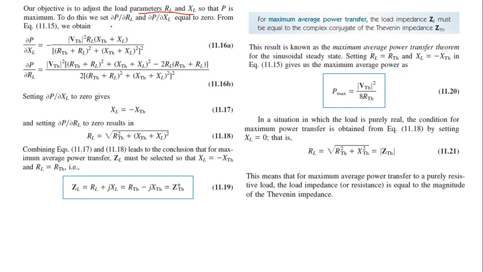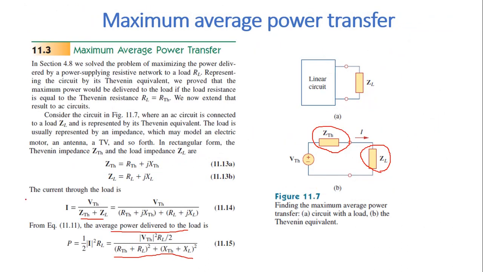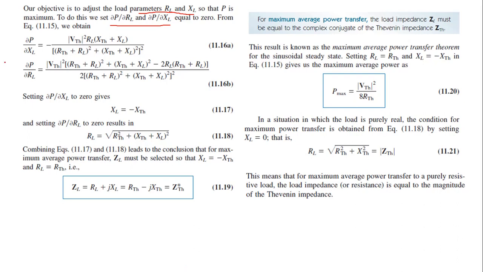So we are going to differentiate power with respect to RL and XL separately and equate it to 0. This one is with respect to XL and this is with respect to RL. Now we have to equate these two equations to 0.